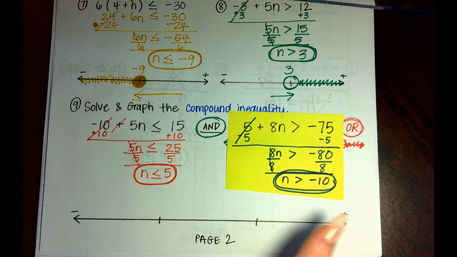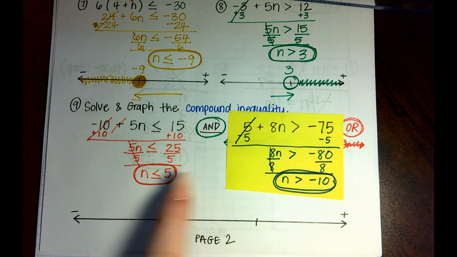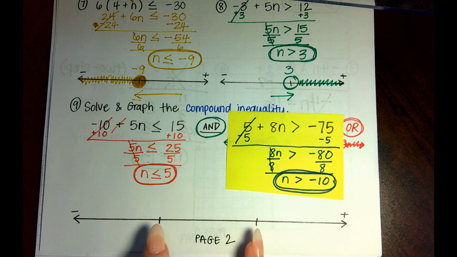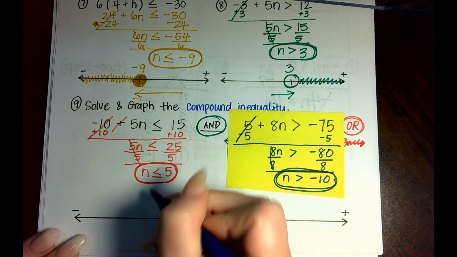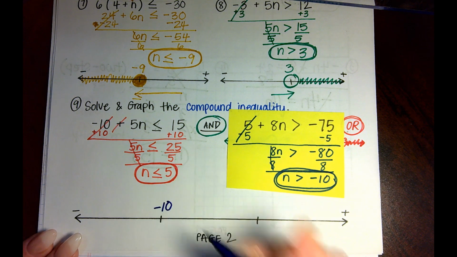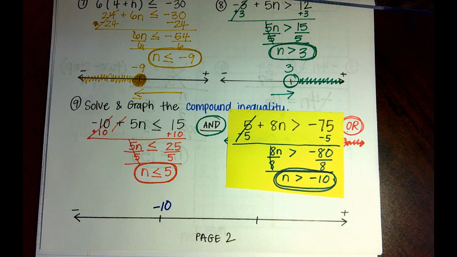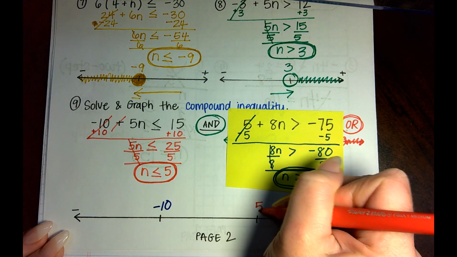Which of these numbers am I going to put on my line first? Negative 10, because the smaller number should come first. Negative 10 will go here, and 5 will go here.